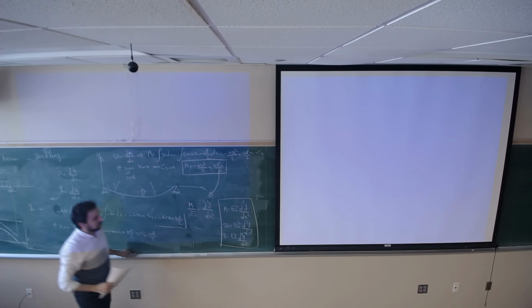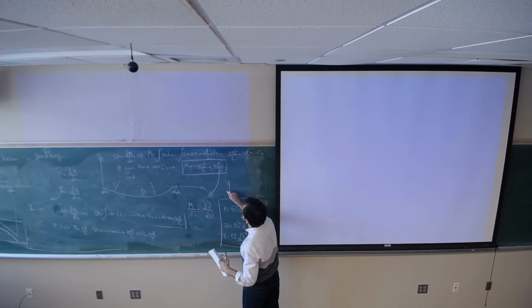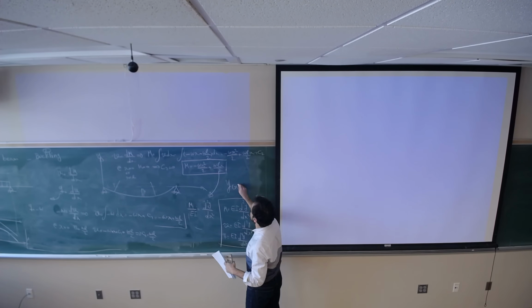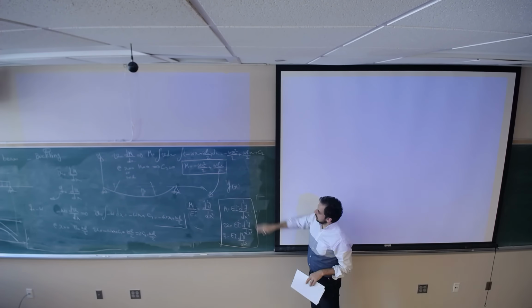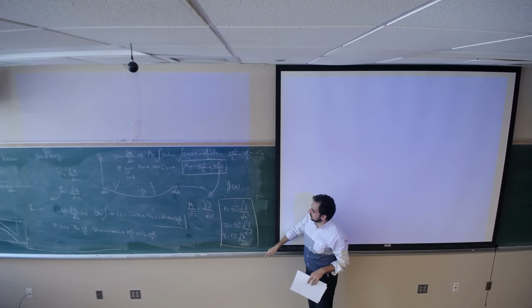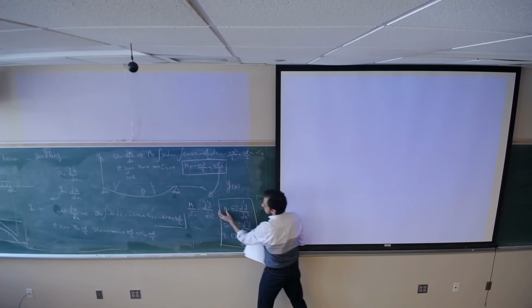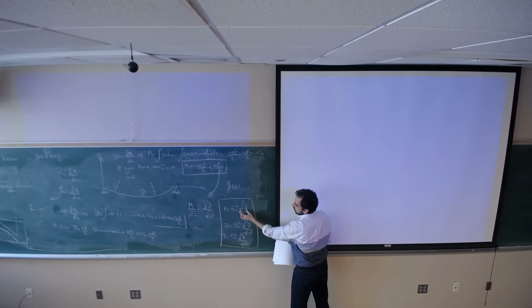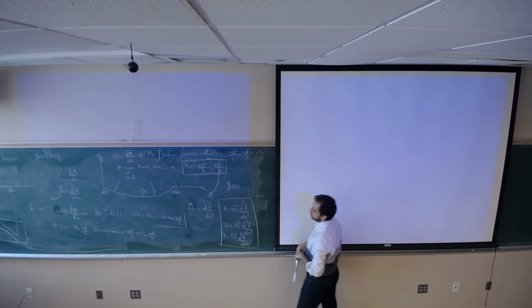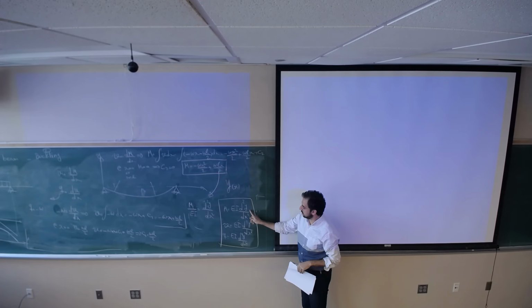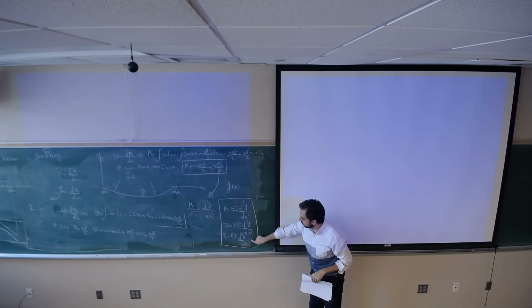My goal is to find the y deflection as a function of x. Now I have M as a function of x, which is equal to EI times the second derivative of y with respect to x. If I integrate this twice, I will end up with y as a function of x.